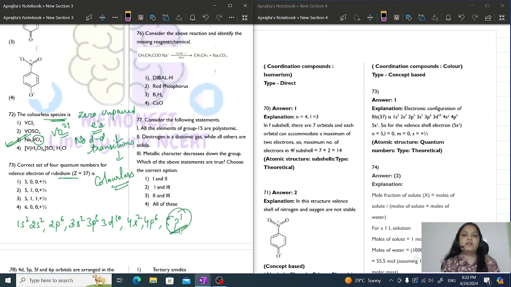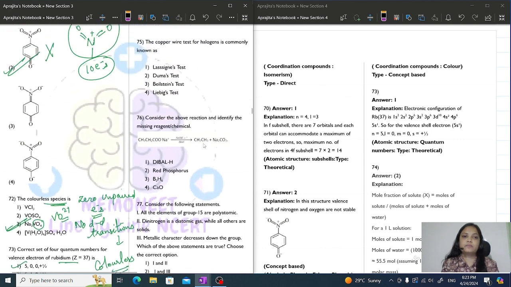So there is 1 valence electron, 5s1. So the value of n is equal to 5, the value of L will be 0, M is also 0, magnetic quantum number, and the spin quantum number will be plus half since there is 1 electron. So yes, the answer is option number A, 5, 0, 0 and plus half. So that is the correct set of quantum numbers for the valence electron.